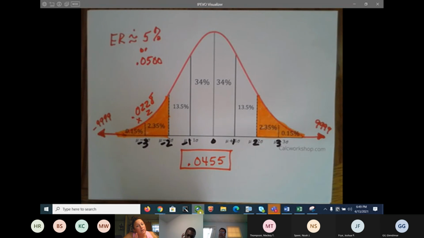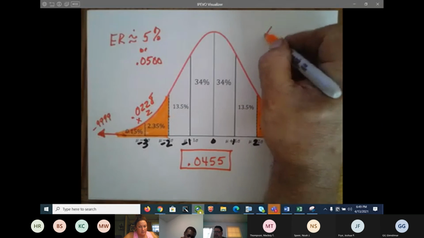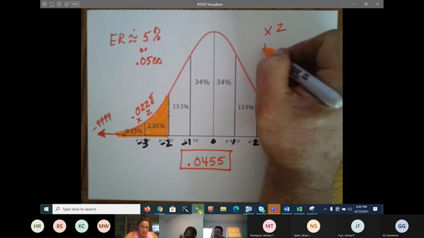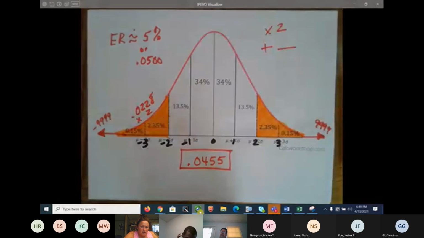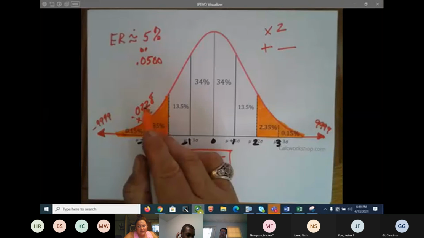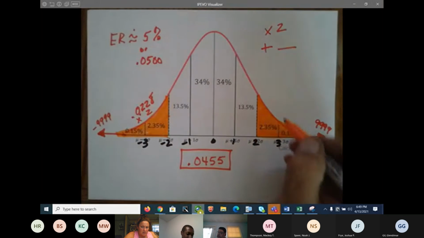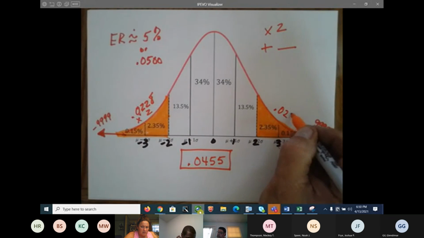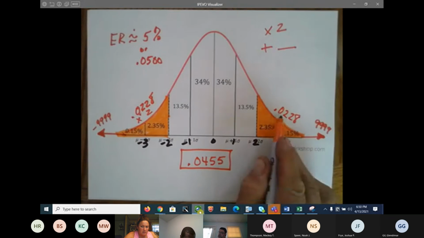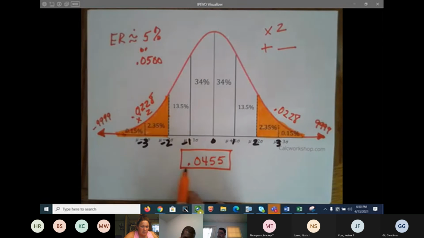When you multiply by 2, that's the same thing as adding another number. 0.0228 plus 0.0228, or 0.0228 times 2, you'll get the same number. So you still end up with 5%?